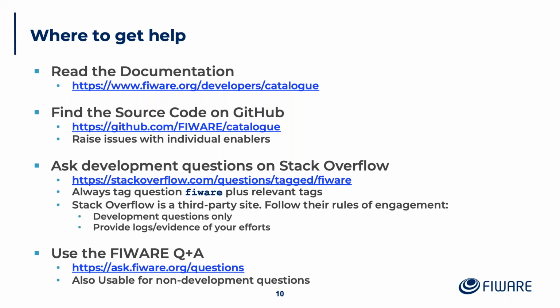Stack Overflow is a third-party site, so it is necessary to follow their rules of engagement. So it's development questions only. It's not information about, I don't know, pricing or accelerator programs or whatever.